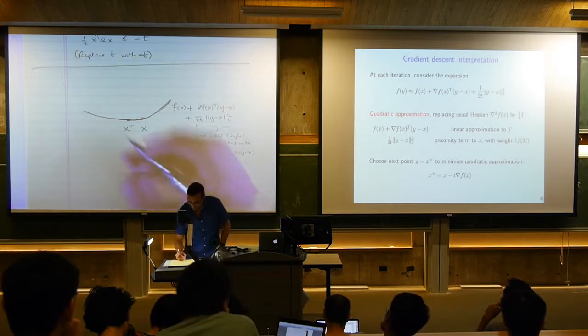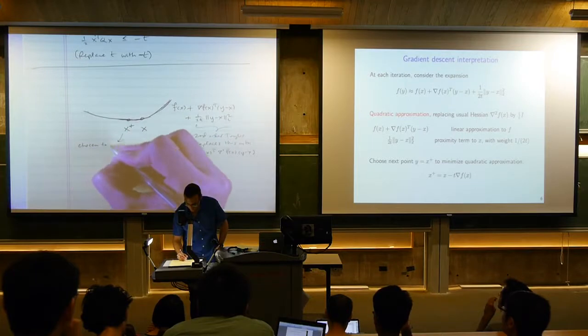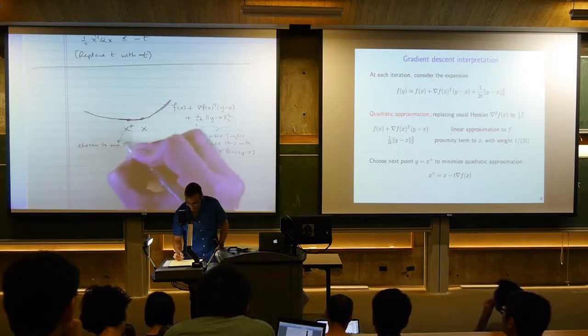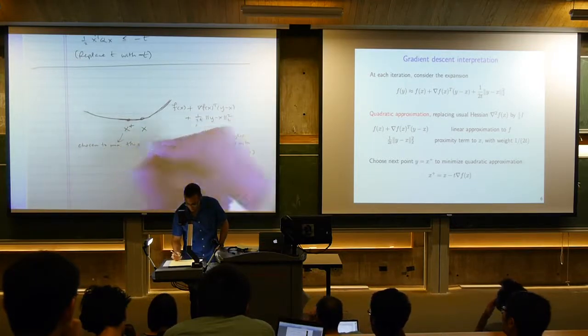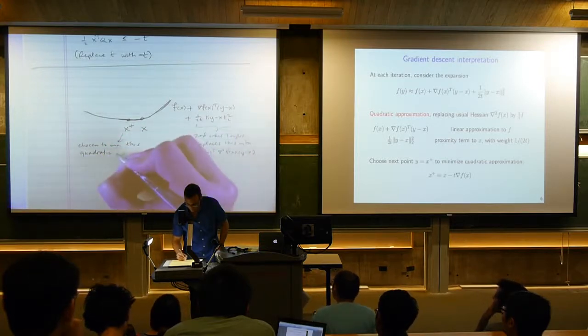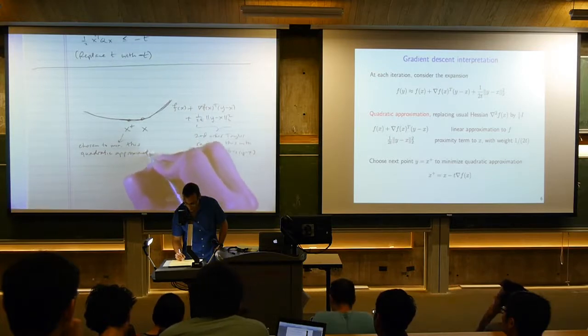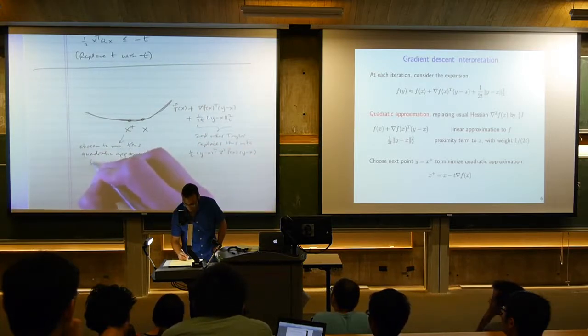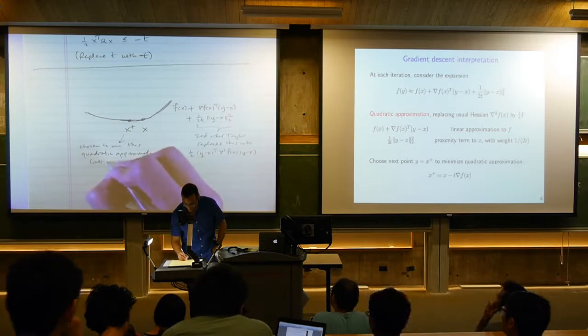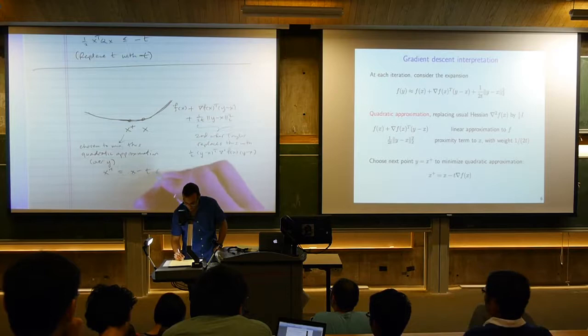And x plus is chosen to minimize this quadratic approximation over y. Over all y, I look at the point that minimizes it. And that point is x plus, which is just x minus t times the gradient of f of x.